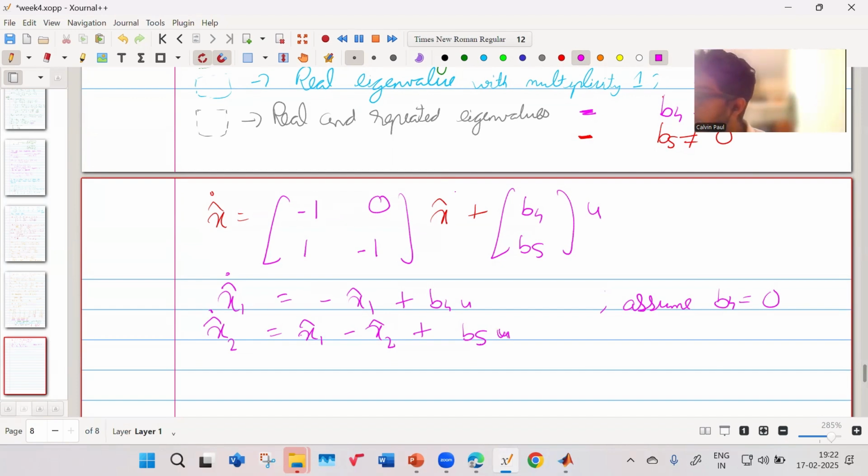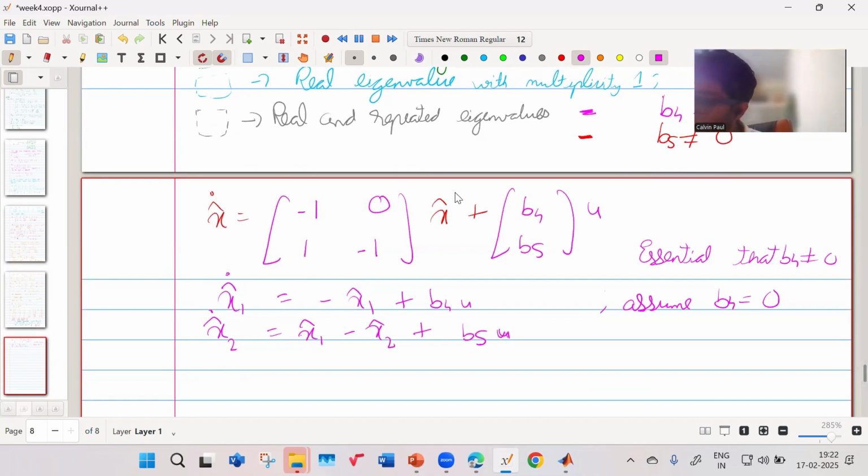But because b4 is equal to 0, I cannot control x1 hat. So that is why it is essential that b4 is not equal to 0. This is proved.